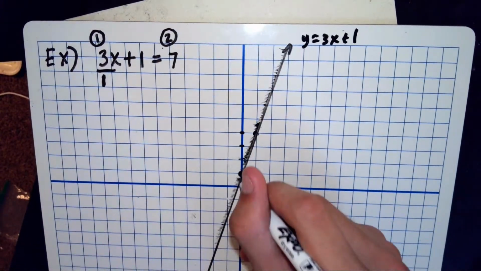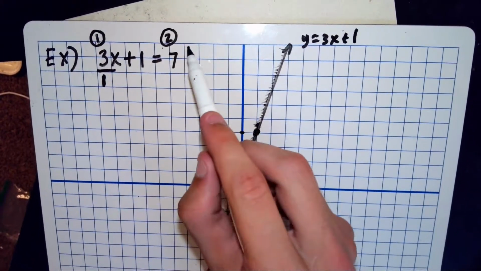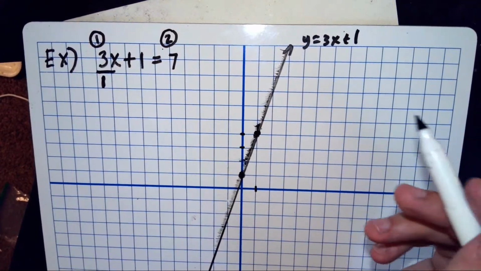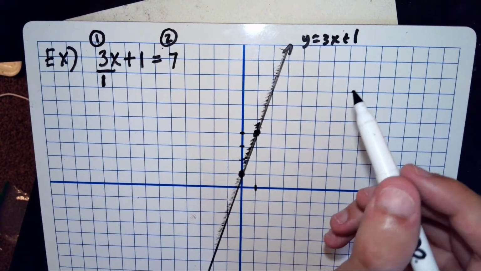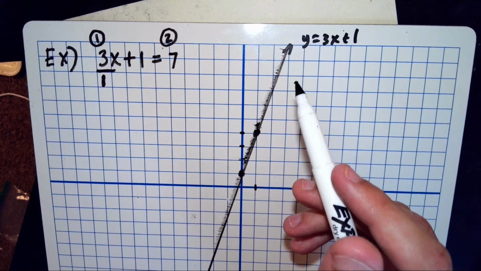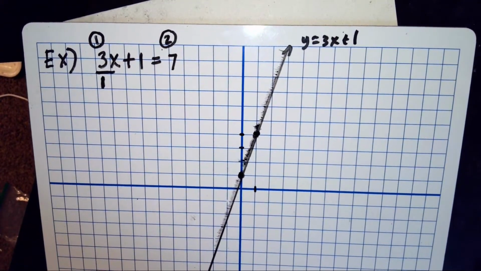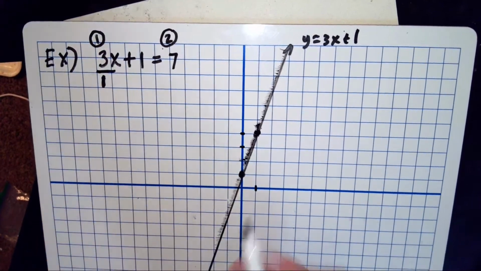Now, next, we'll want to plot the second function. The second function is y equals 7. Well, let's think about what that is. Reviewing from our vertical and horizontal line video, we talked about the fact that this is actually a horizontal line because y is always 7.